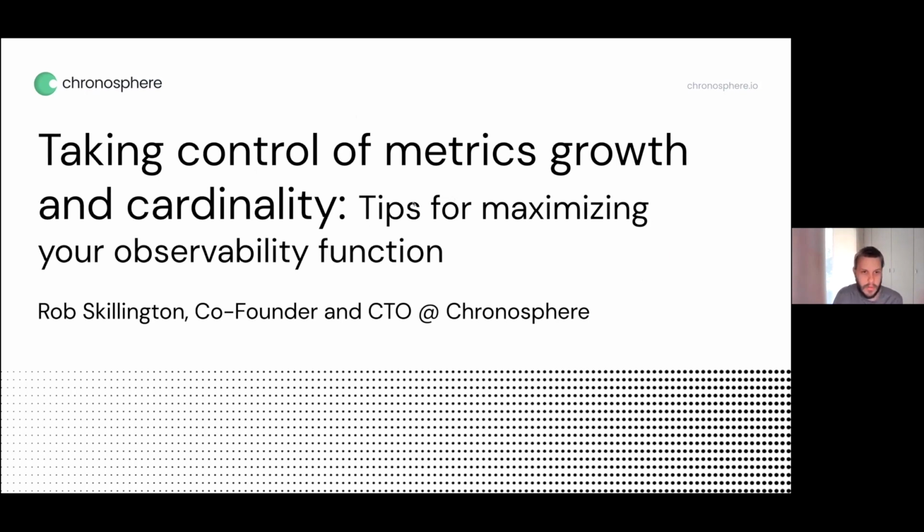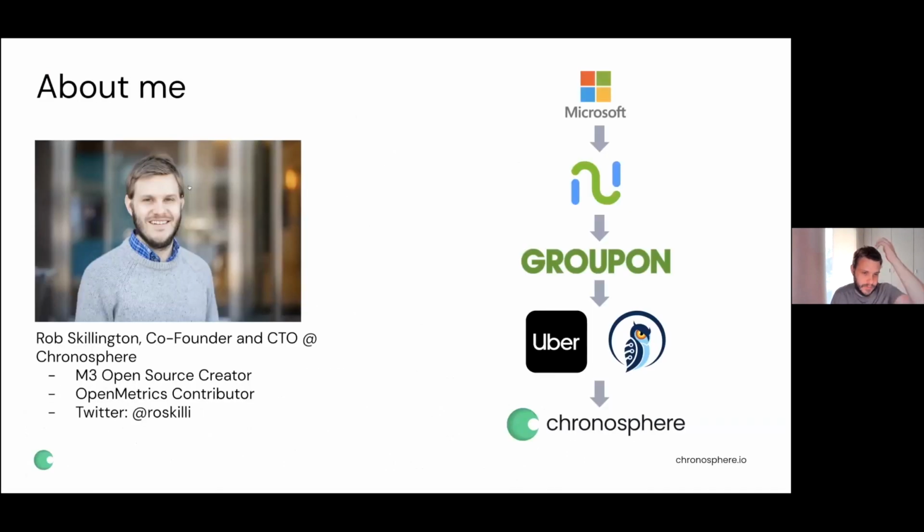To tell you a little bit about myself, I came from working on distributed systems at Microsoft on Office 365 when I kicked off my career. I then did some smaller startups and point of sale.